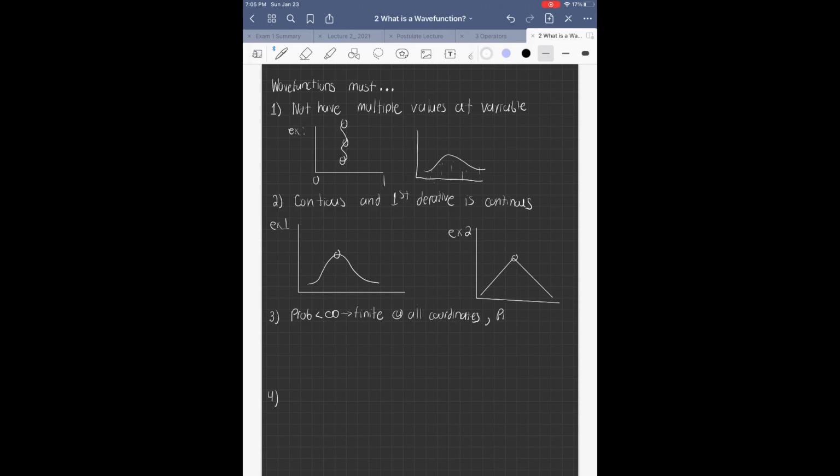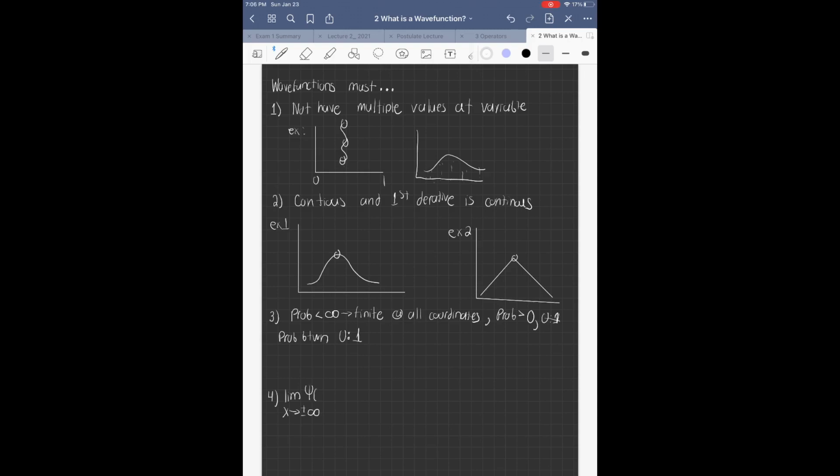So the probability has to be greater than 0, and it has to be between, as I said before, 0 and 1. All right, and the fourth: the limit as x goes to positive or negative infinity, or at the end of its boundary conditions.